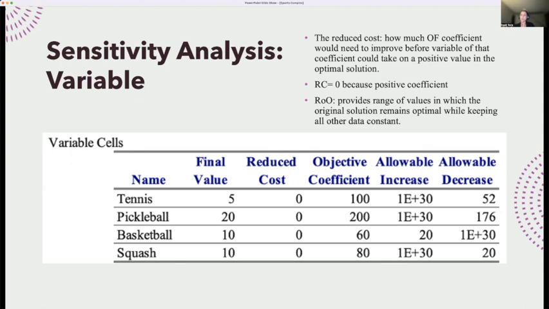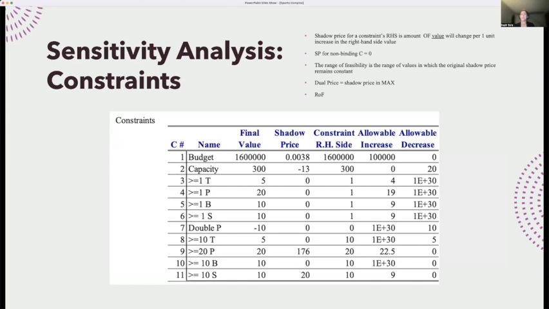Once they go over or below those allowable increases or decreases, it's no longer optimal. So the investors should definitely stay between those if they want to maintain the optimality that the model came up with.